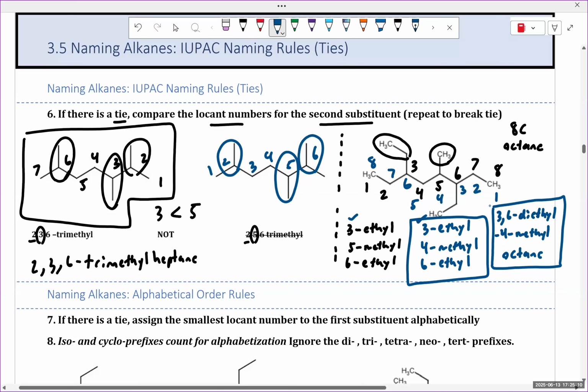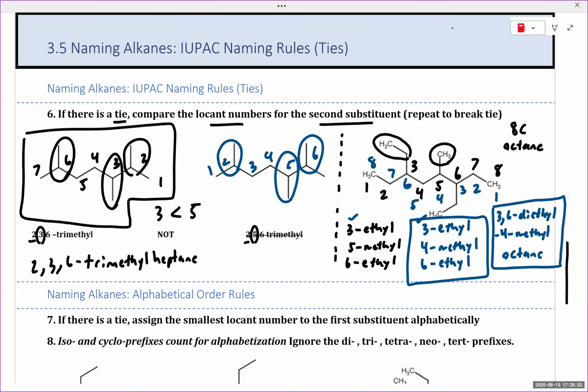Okay, so as you can see, when you encounter a tie in the first locant number, move to the next locant number, and then you keep repeating until the tie is broken. You want to select the lowest locant number for each substituent sequentially. Let's now talk a little bit about alphabetical order rules.